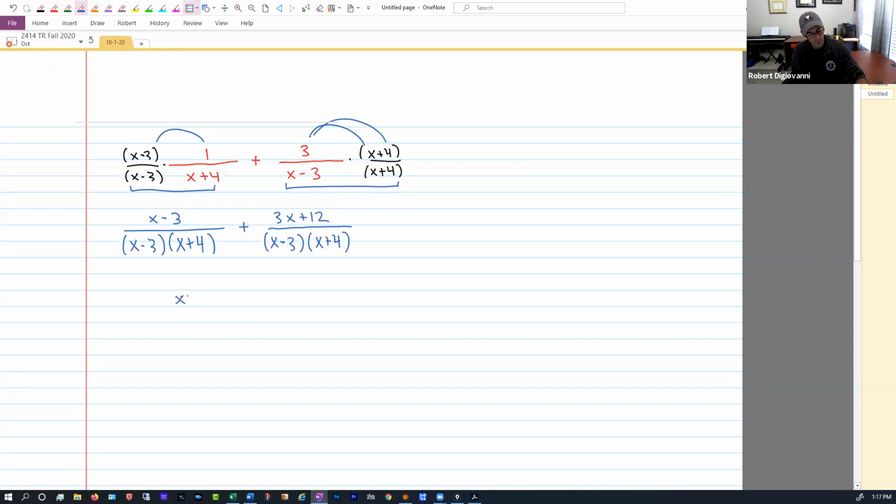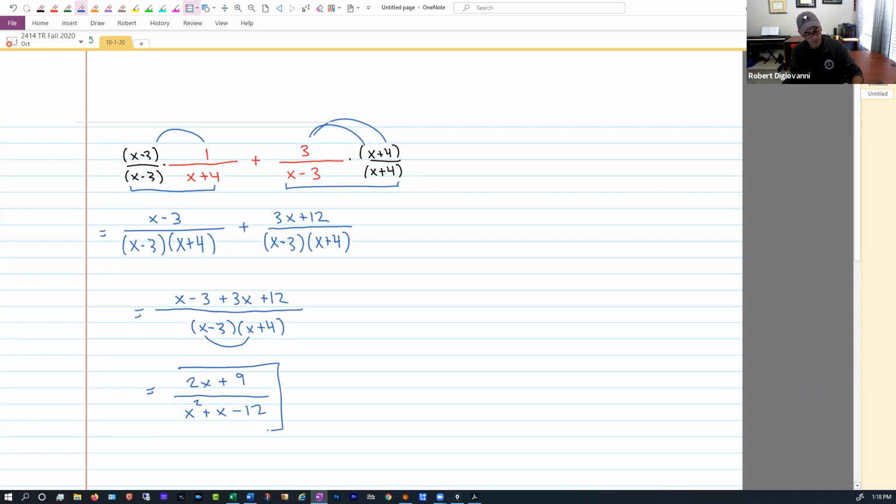So I can go x minus 3 plus 3x plus 12 over the common denominator. I can simplify the numerator to be 2x plus 9, and the bottom I could FOIL out: x squared plus x minus 12. And this is what it would be.